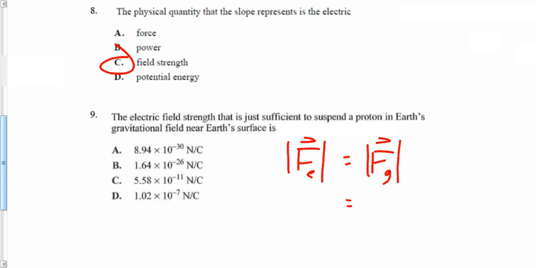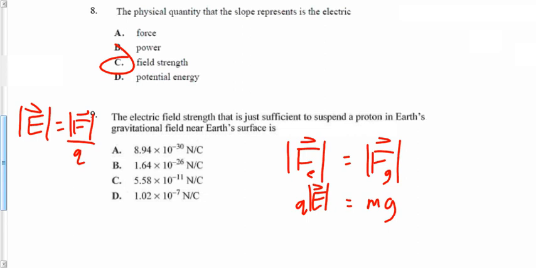Gravitational force is m times g. What's the electric force? kQ1Q2 over r squared? Possibly. That doesn't seem very helpful. E is equal to F over Q. The equation from the data sheet seems more helpful. F is equal to Q times E, and we solve for E. Oh, here we go.